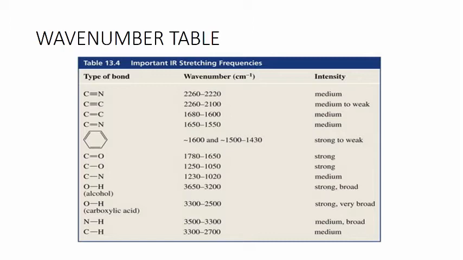The greater the frequency of oscillation of our chemical bond, the greater the wave number. So based on this table, we're going to match the wave number given in IR spectra of compound C, so we can find what is actually compound C.